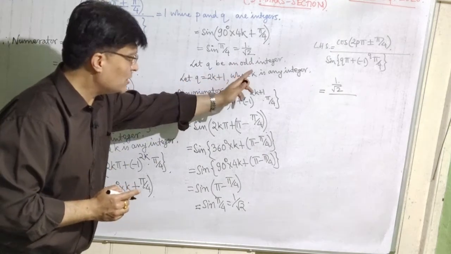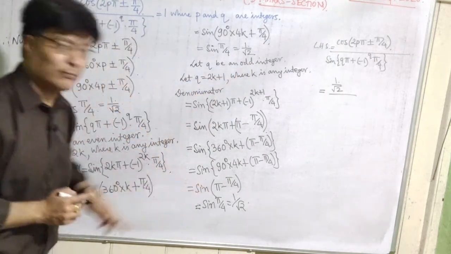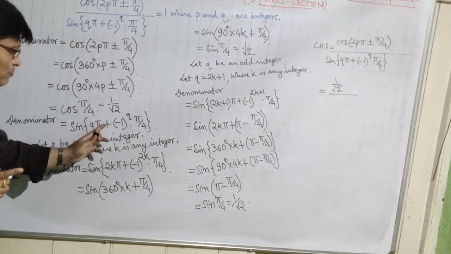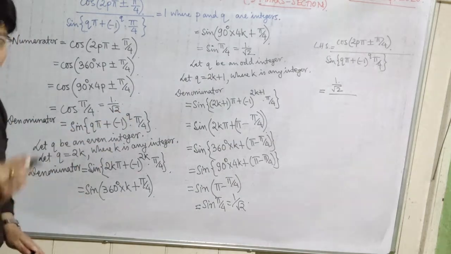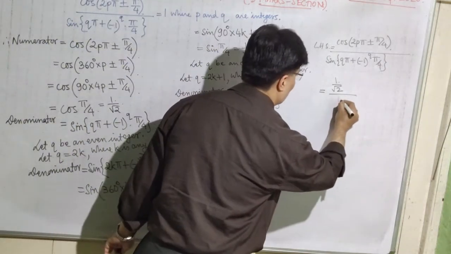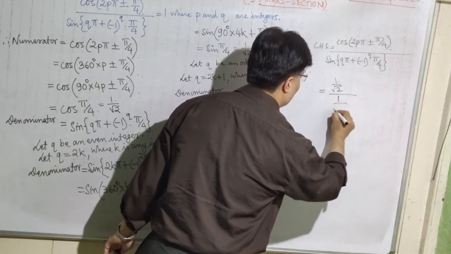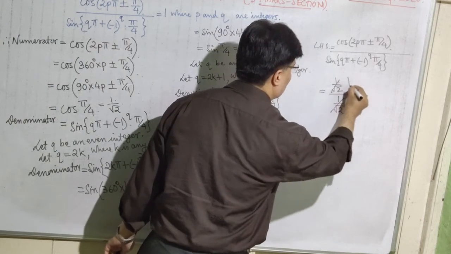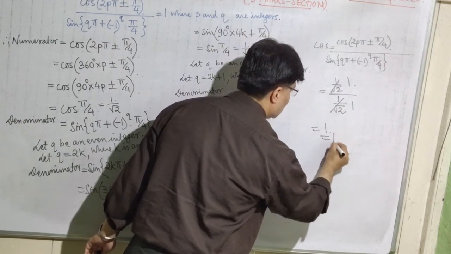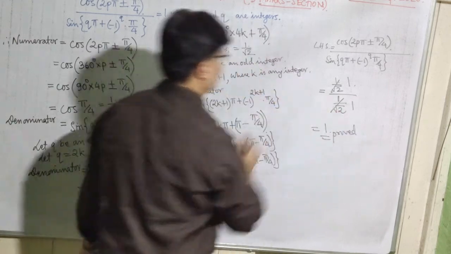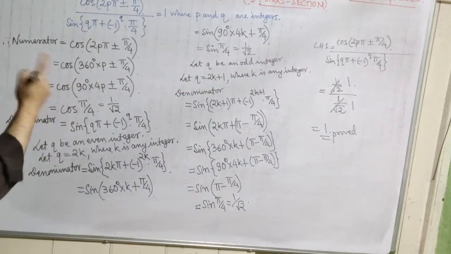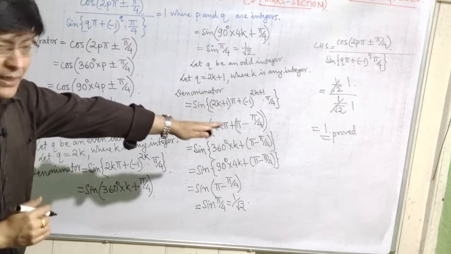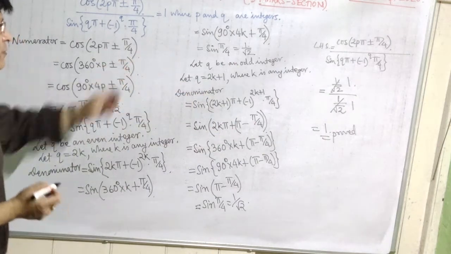If q is an odd integer, then the value of this expression is also 1 by root 2. So it is also 1 by root 2. So both of them will be cancelled, which is equal to 1 by 1, that means 1. So it is proved. That is, LHS is equal to RHS. The value of the expression on the left hand side is equal to 1. So it is proved. So I think you have understood it.